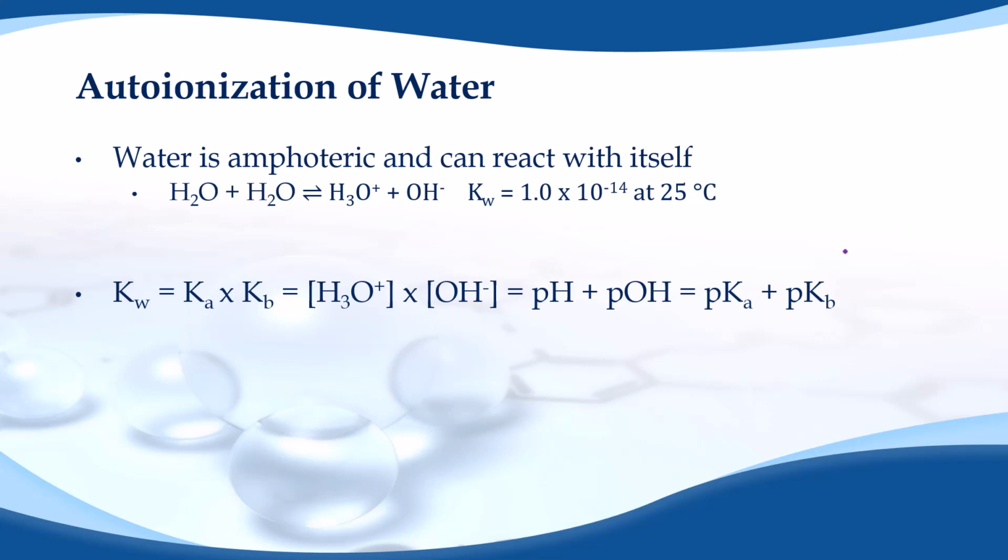So the equilibrium constant of water, Kw, is equal to any substance's Ka times its conjugate substance's Kb. It's also equal to the concentration of hydronium times hydroxide. It's also equal to the pH plus the pOH, or the pKa of the acid plus the pKb of its conjugate base.